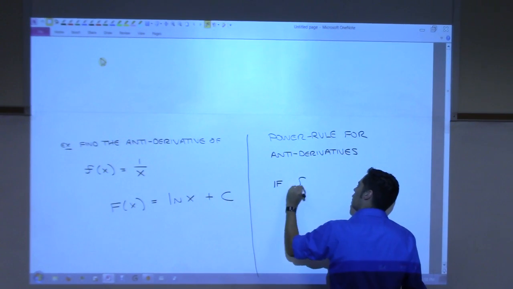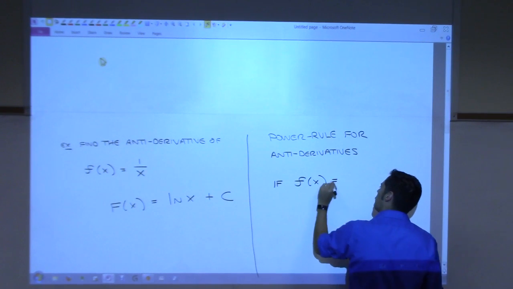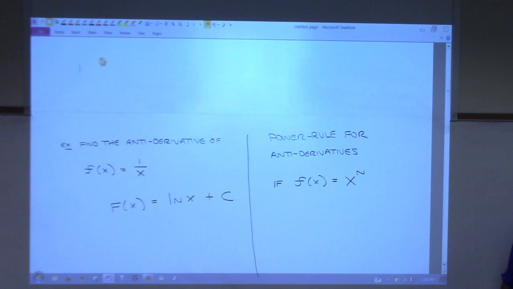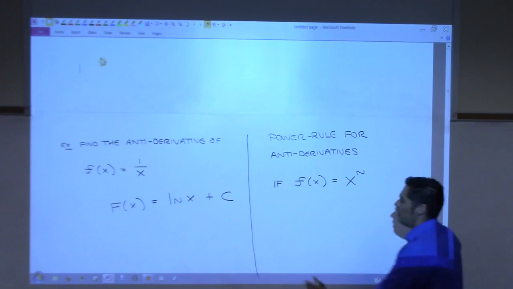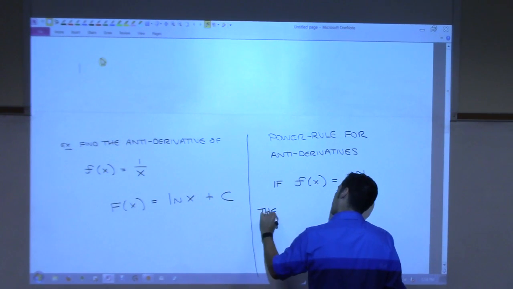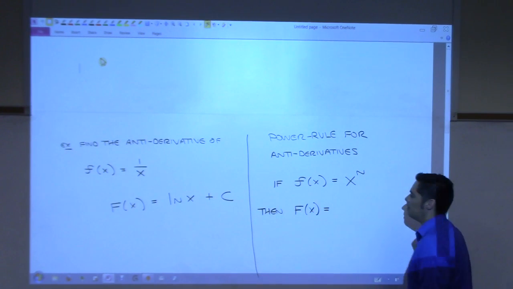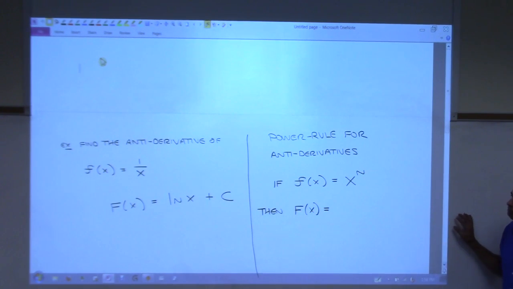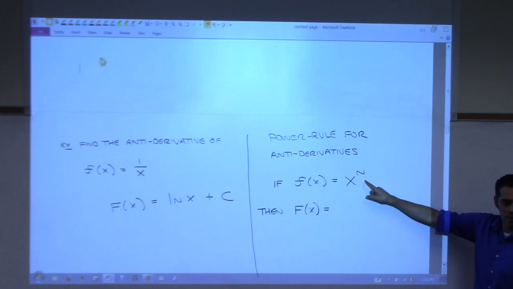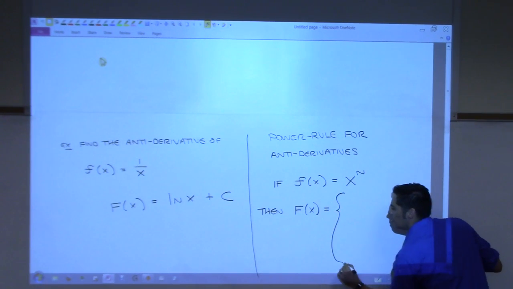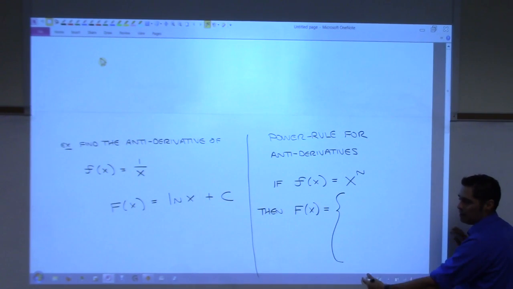If little f of x is equal to x to the n, then capital F of x should be, I should have to add 1 to that power, right? Now, just write this for a second. I'm going to write a brace like this. There's actually 2 things that could happen here.